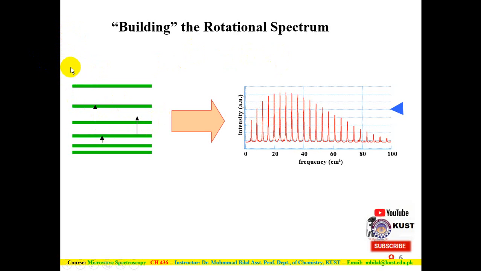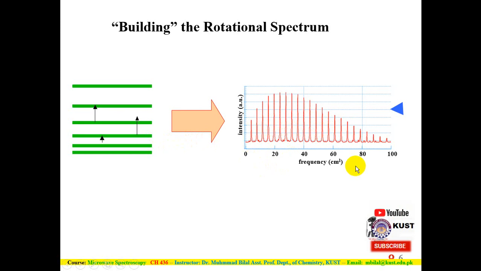If the frequency of this radiation matches the energy gap between two rotational energy levels, then the radiation will be absorbed by the rotating molecule, and it will jump to the higher rotational energy level, and we will observe absorption in the spectrum.